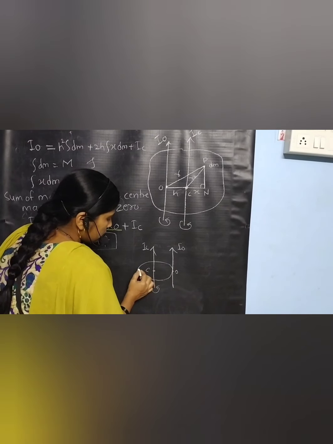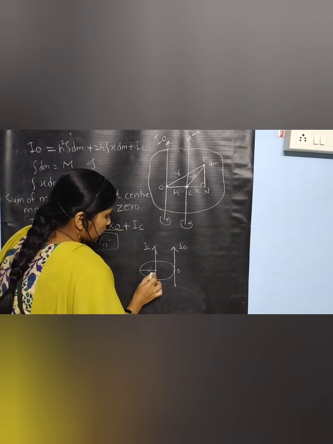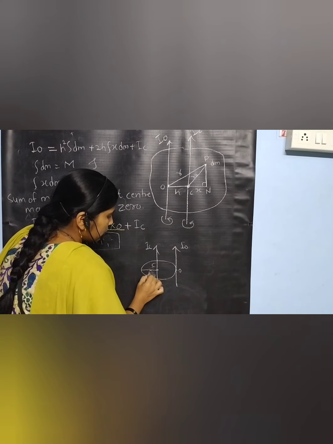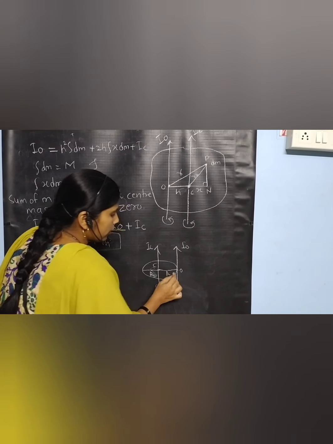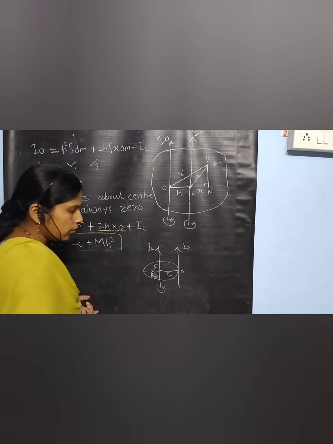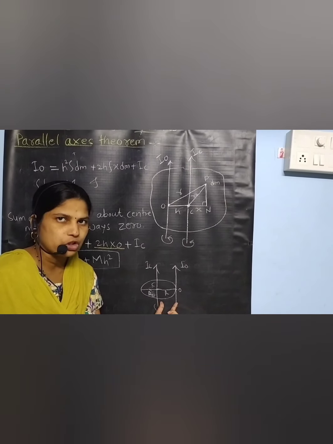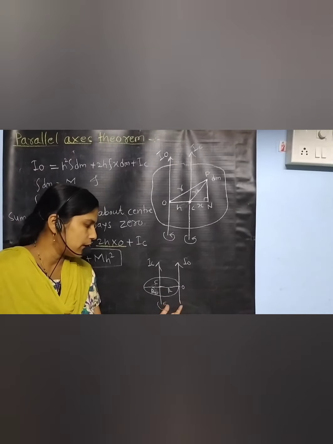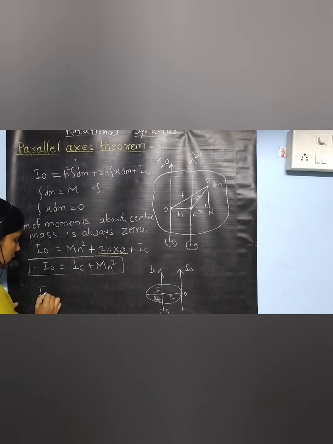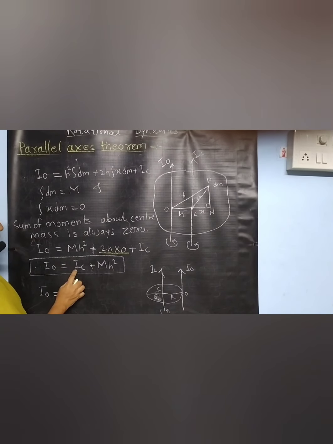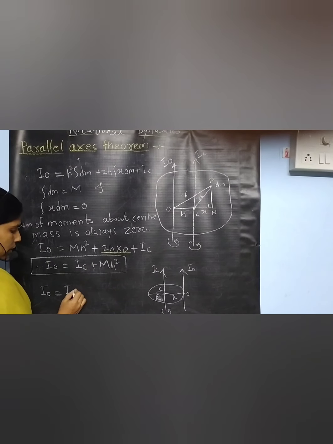This distance is equal to R, so CO is also equal to R, the radius of the ring. We have to find IO. These two axes are parallel to each other. Therefore, using the parallel axis theorem, IO is equal to IC plus Mh square.